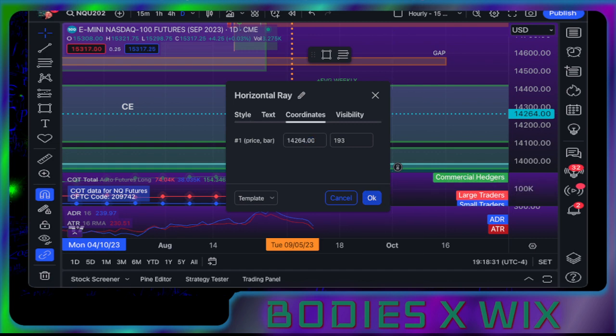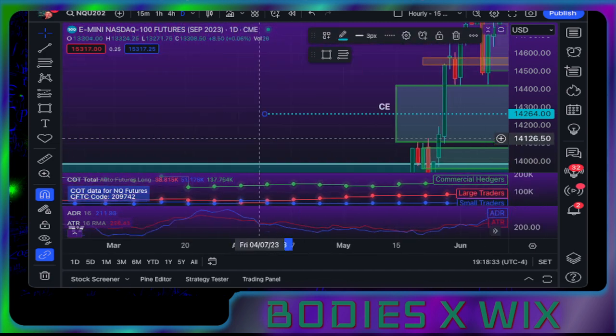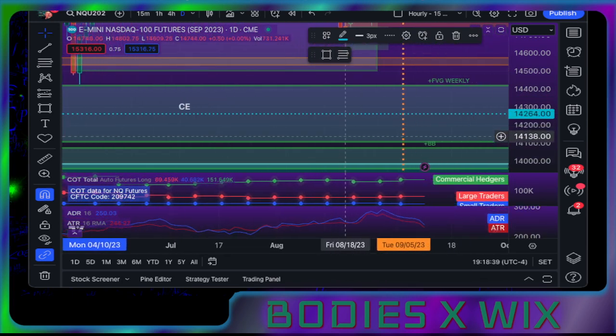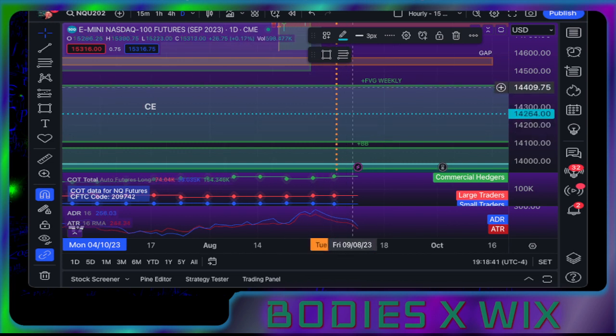So, if we go back in time, as you can see, it has not fallen back into this fair value gap. And if you know anything about smart money, if you've been following smart money, sorry, I got a little twist in my words there.